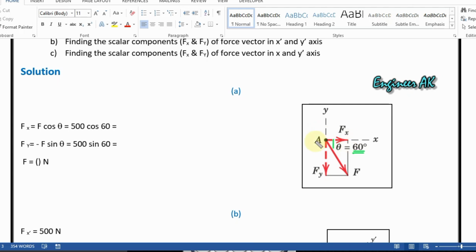Here I have made two components. This is the force of 500 Newton, this is one component, and this is the other component, and this is the angle.